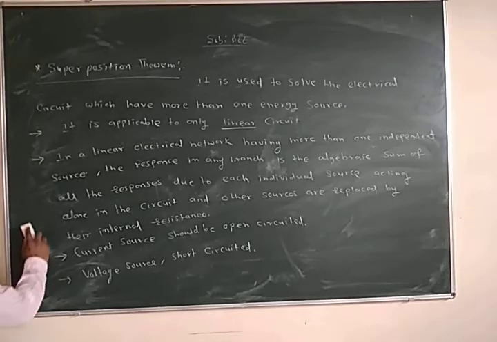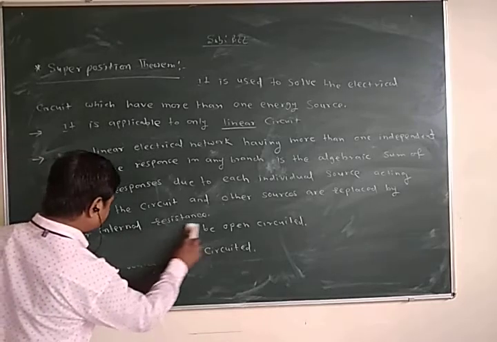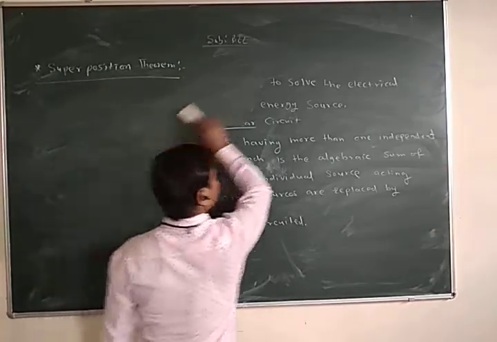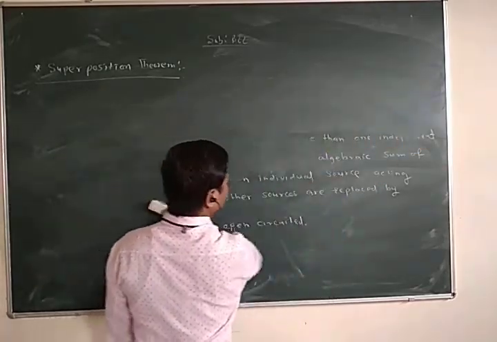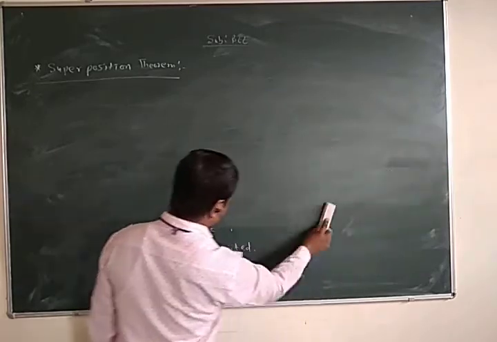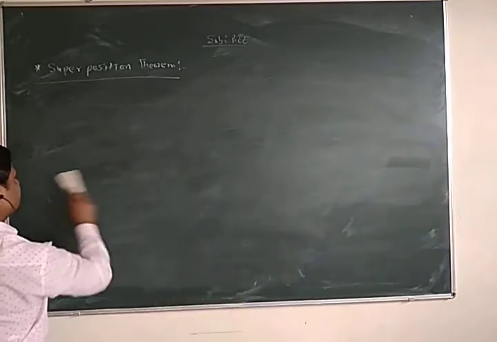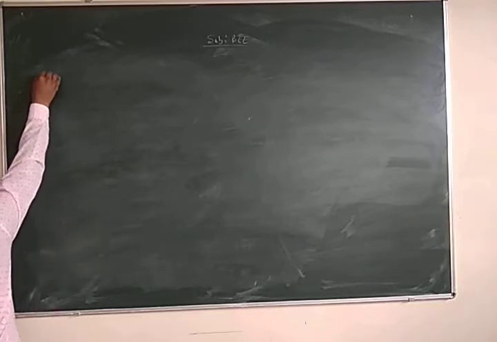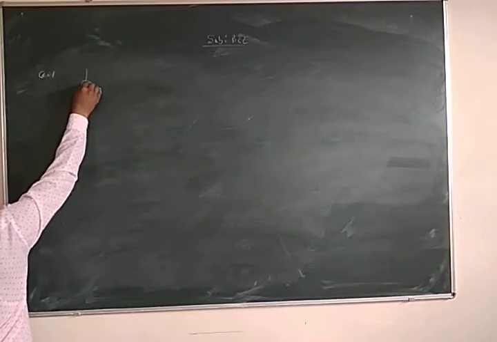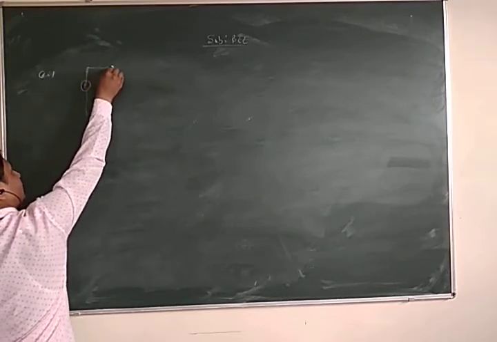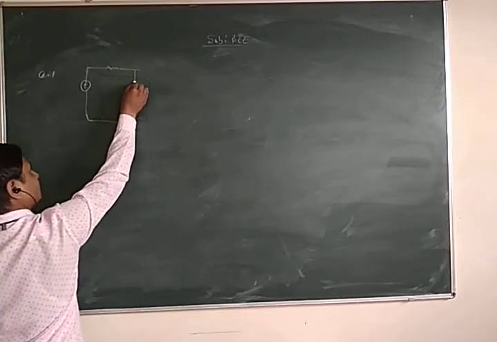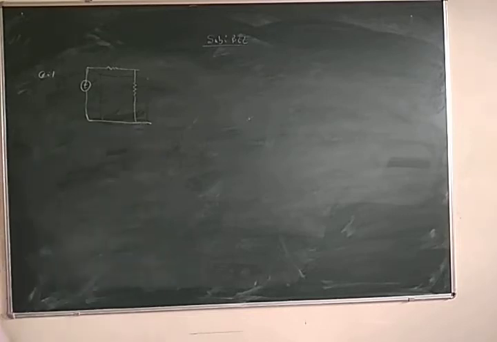Next, we take an example. The question is, there is a voltage source and resistances in this way.